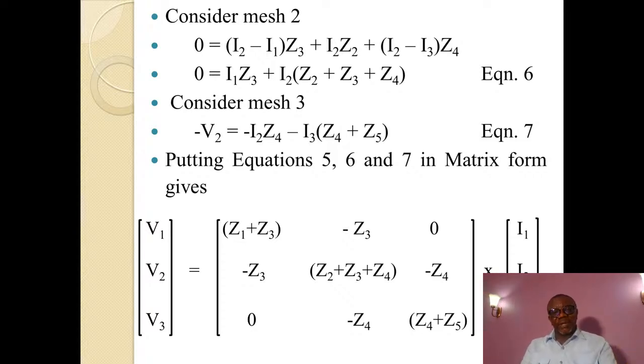So on the left, we have our matrix V1, V2, V3. Then we have our Z1 plus Z2.